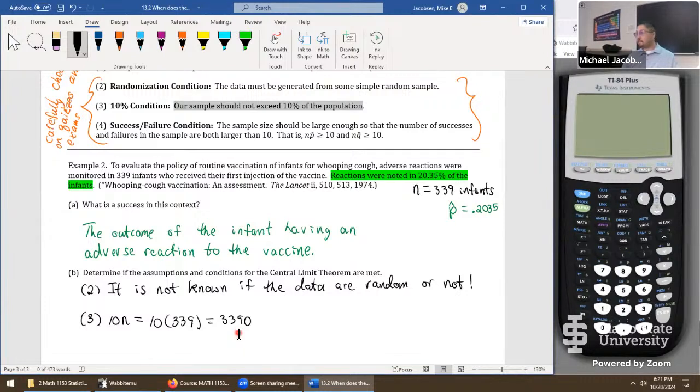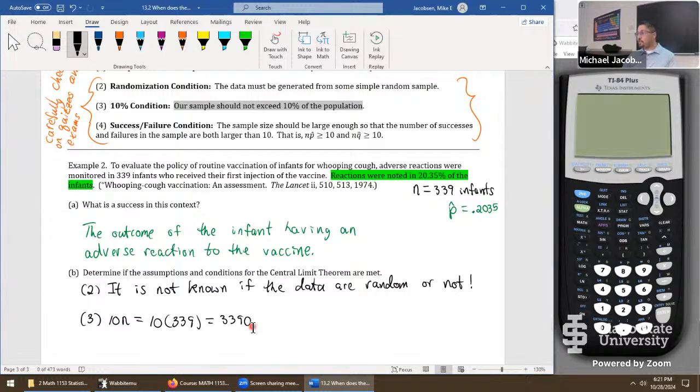Sorry, say again? Not necessarily, to be totally honest, but we do know that it's for infants as a population. It might have been all infants in a certain town, a certain city, something like that. But even if it was all infants in, say, Idaho Falls, that's not more than 10%. Would you all agree with that? That would not be more than 10% of the population.